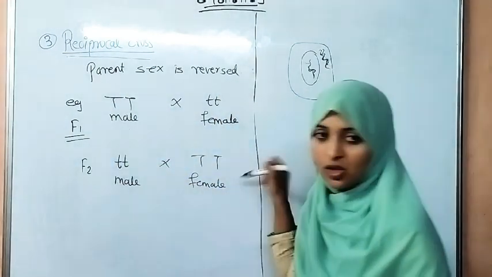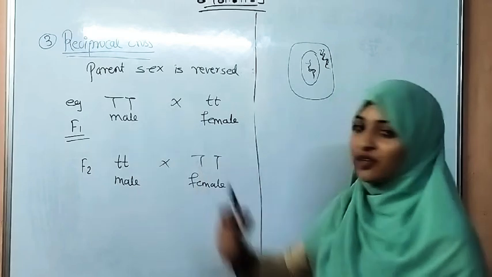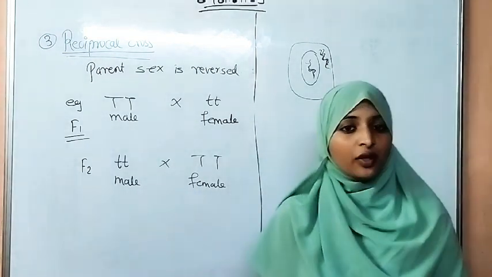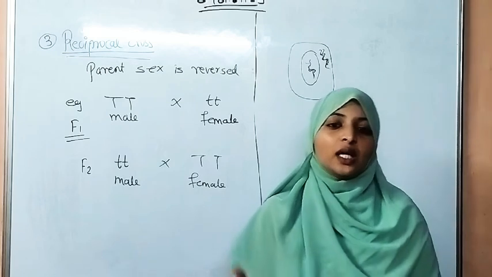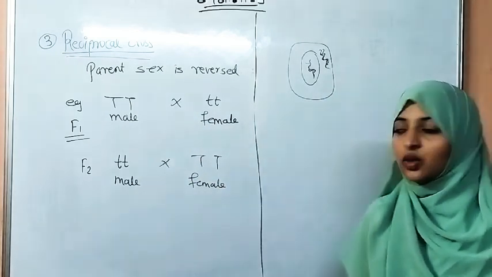So there is a need for a reciprocal cross. If you consider one character as a male parent, then you reverse it as a female parent in the next generation. So it is known as a reciprocal cross.